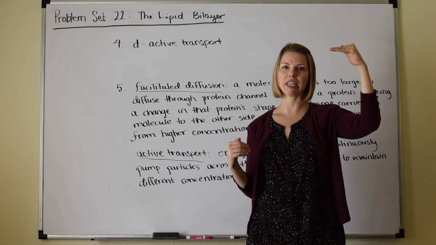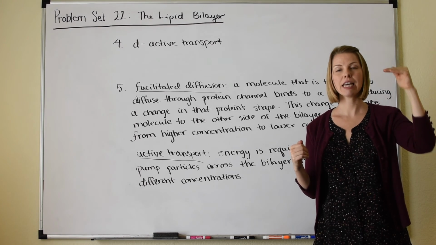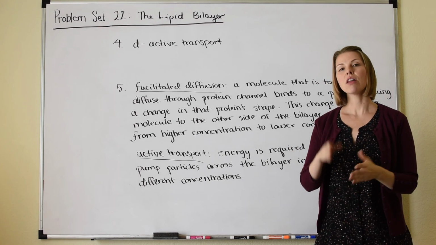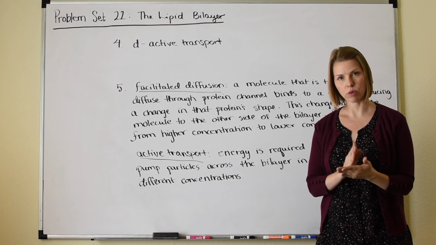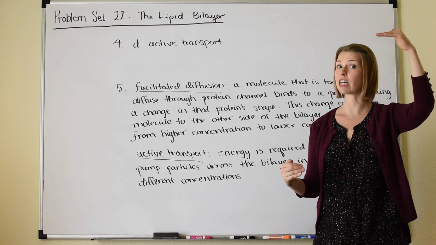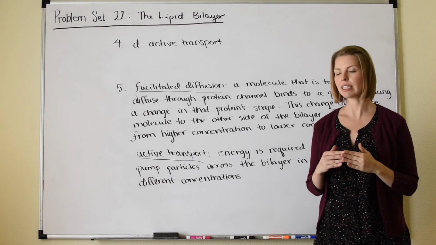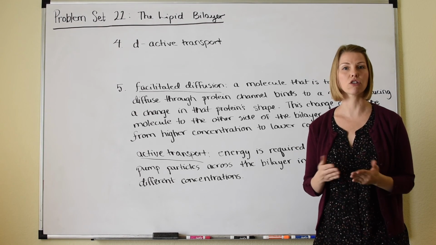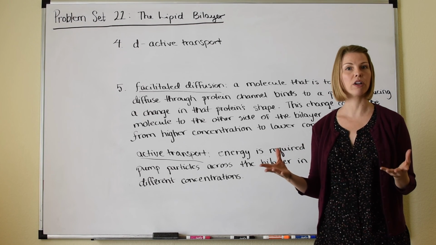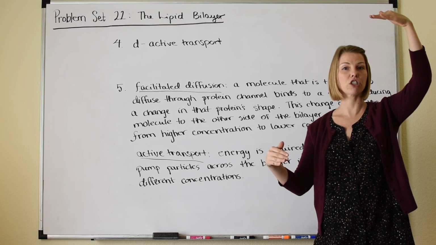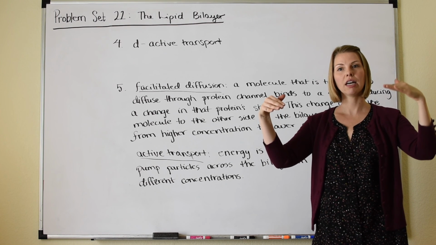So the energy here is key. Make sure you understand why active transport requires energy. It's maintaining a concentration gradient. And why facilitated diffusion does not. It's using the natural tendency of molecules to spread out from a region of higher to lower concentration until things become equal.